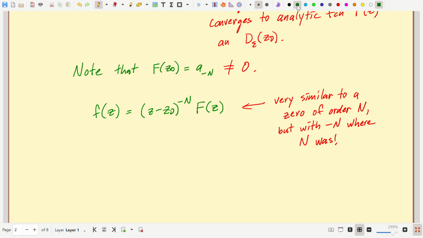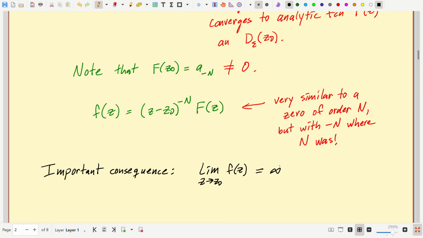And another important fact, a consequence of looking at this formula: the limit as z tends to z naught at a pole of f of z is infinity.